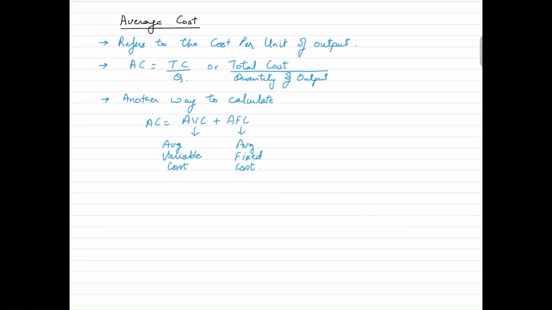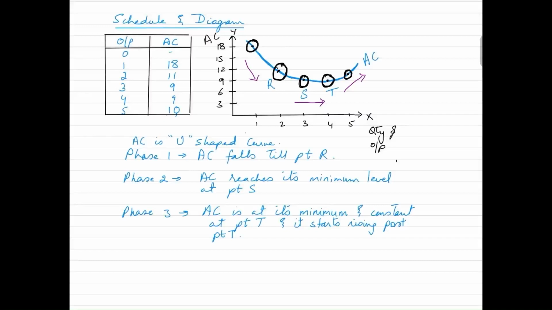Let's take a look at how average cost would be represented graphically. In this particular schedule, we have output listed upwards from 0 to 5 units, and average cost which is listed as 18, 11, 9, 9 and 10. If we observe the trend, average cost is falling initially, it is stabilizing, and then it tends to increase again.